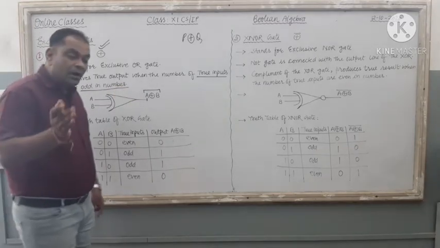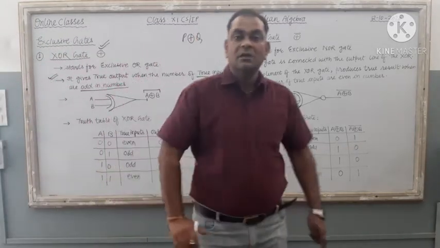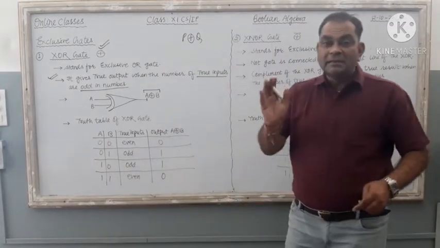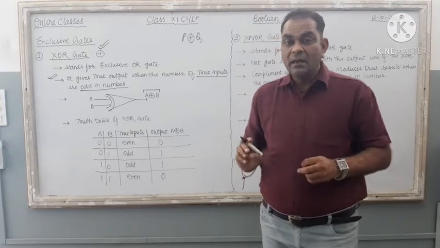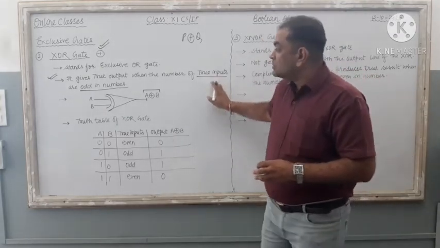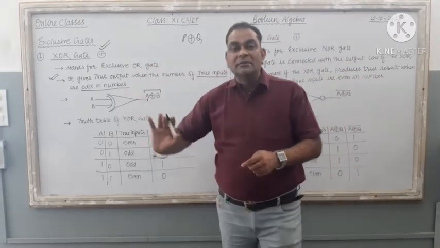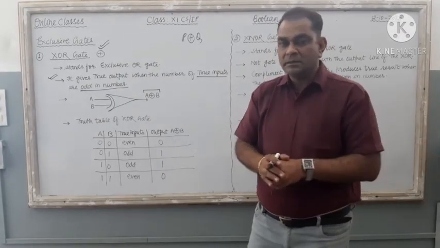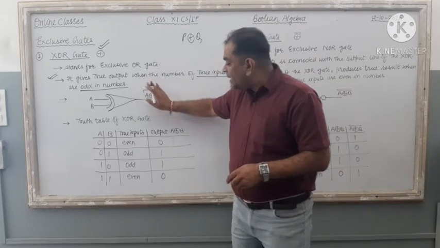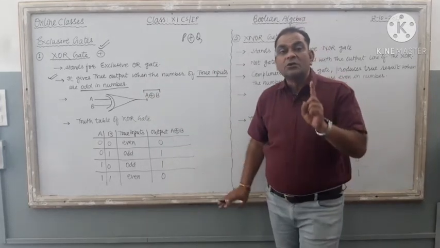When the number of true inputs is odd, it means you have to count how many total trues are there in the input signal. And if these trues are odd in number, odd means what? 1, 3, 5, 7, 9. These are the odd numbers. If odd in number, then this gate produces a true result.